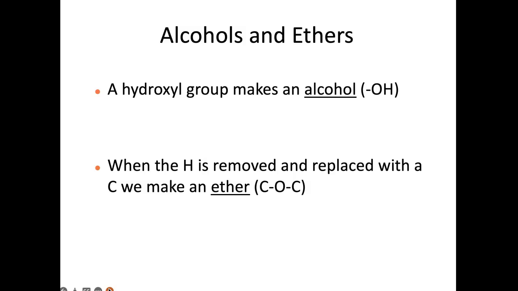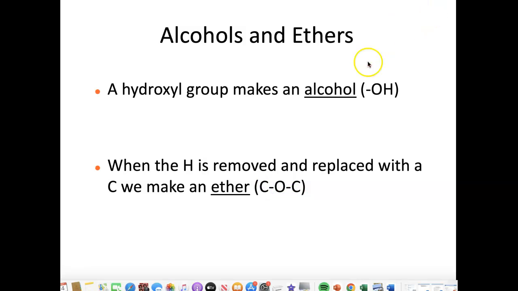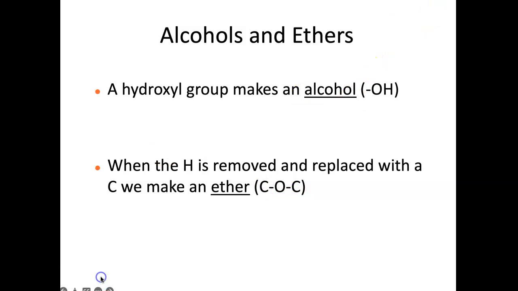If that H is removed and replaced with a C, we call this an ether group. I remember this one as the ether bunny. So here's my little bunny, here's his ears to the side. And so that is our ether bunny, our ether group.